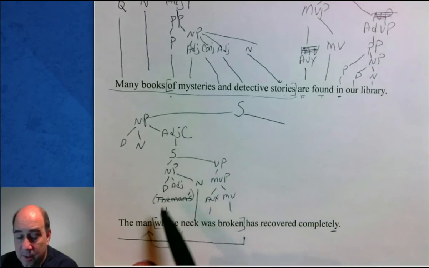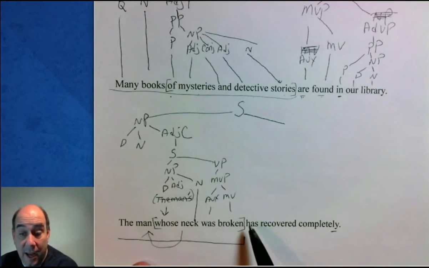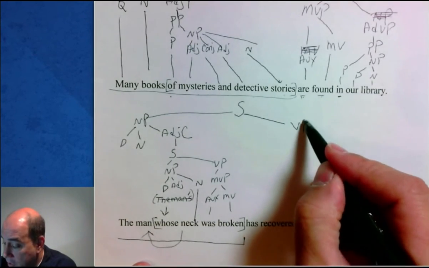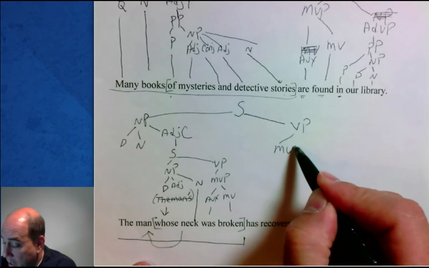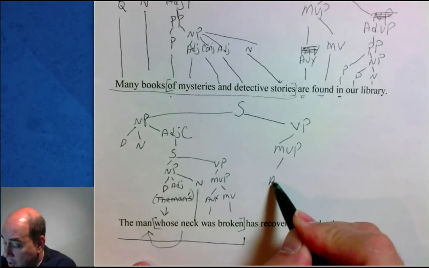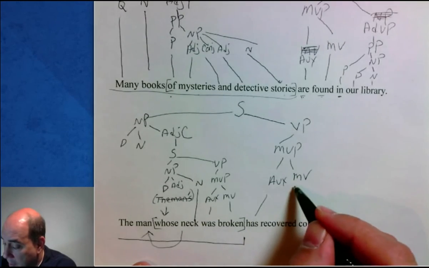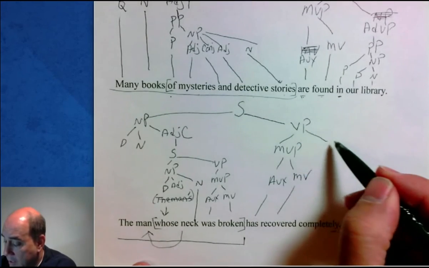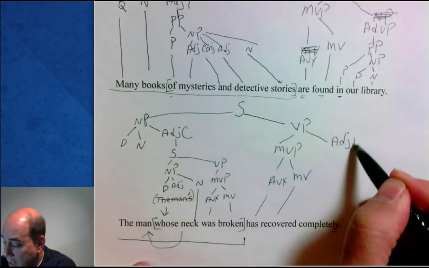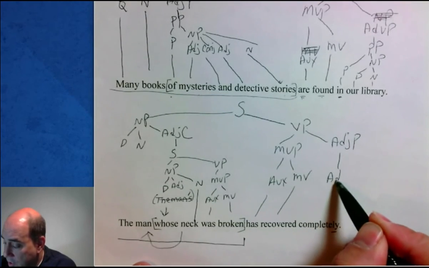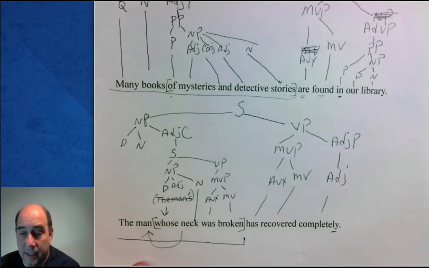Again, what's the main subject? Main subject is the man, has recovered. So I need a verb phrase, which has a main verb phrase, which has an auxiliary and a main verb. Completely is an adjective. So we've got an adjective phrase, which is really just an adjective all by itself, completely.